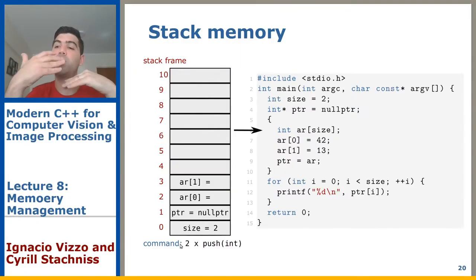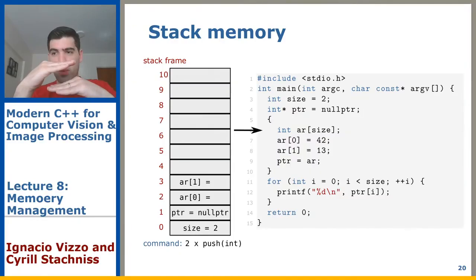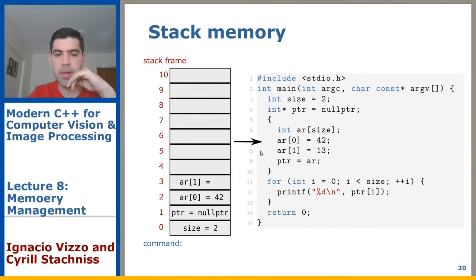Then you go into a new scope. Whenever you end this scope, the lifetime of these variables ends, so you need to take them out of the stack. You create a C-style array here, so you have 2 allocations, and then you change the value. Here it changes, and here it also changes.